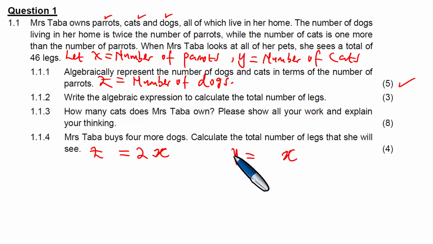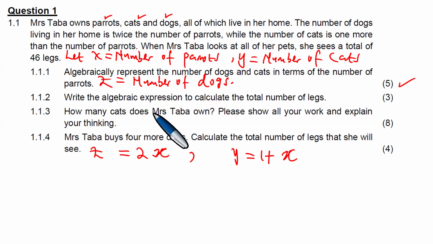So if the number of cats is 1 more than the number of parrots, it therefore means that the parrots are less, so we need to add 1 to the number of parrots. You think about this because you must be able to get this right. This is like the foundation of the reasoning.